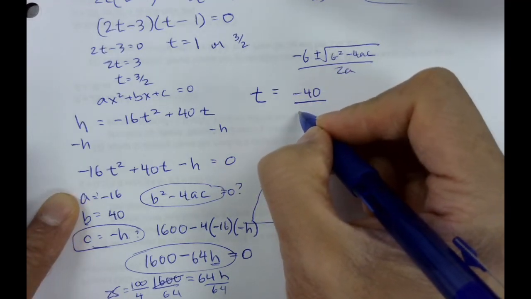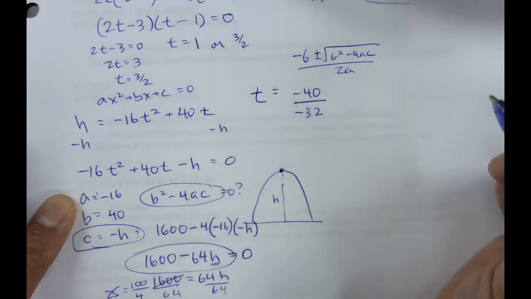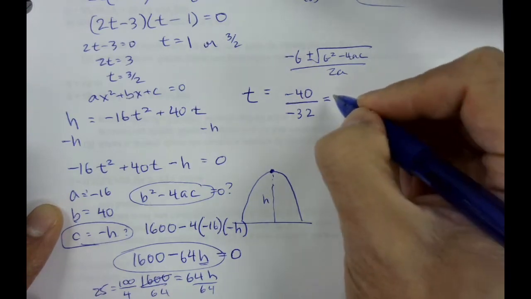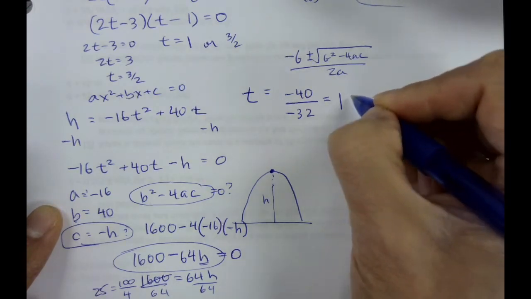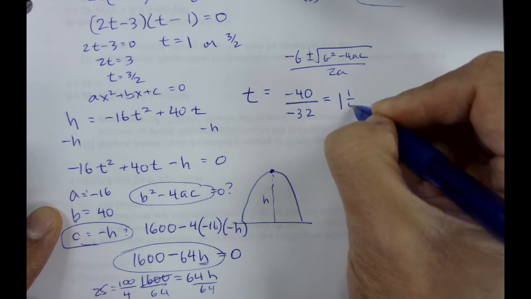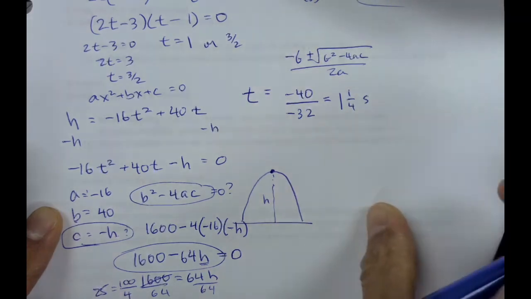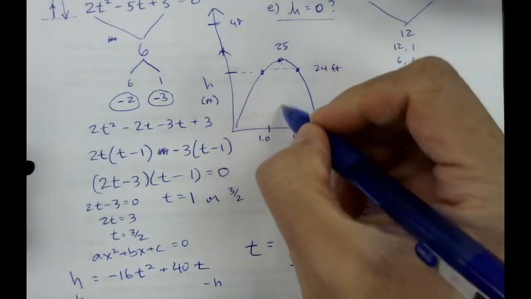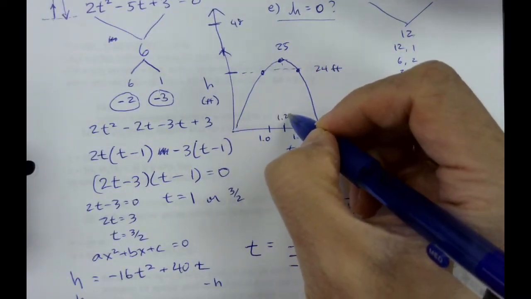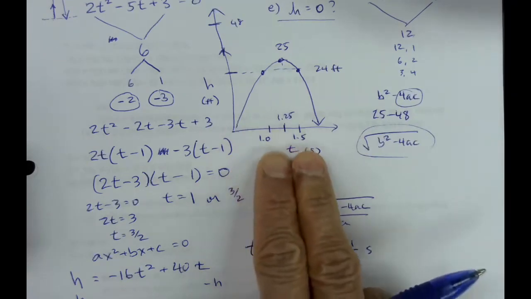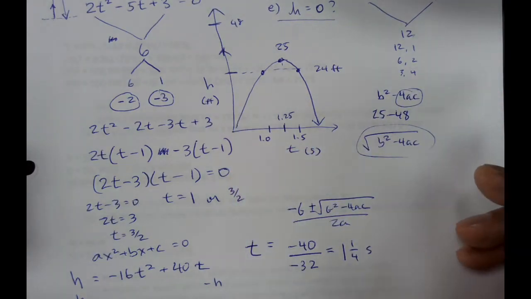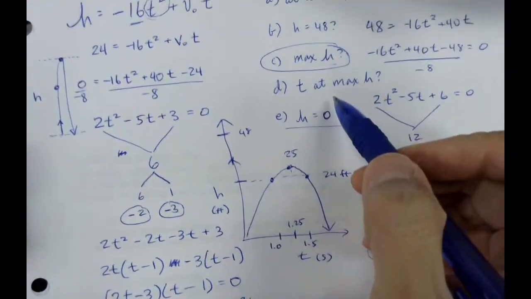Then we just divide by 2a, which is negative 32. Our negatives cancel. That looks like 1 and 8 over 32, or 1 and a quarter seconds. Okay. And going back to our picture, indeed that makes sense. That is halfway between the two solutions we found earlier. So that makes a lot of sense.